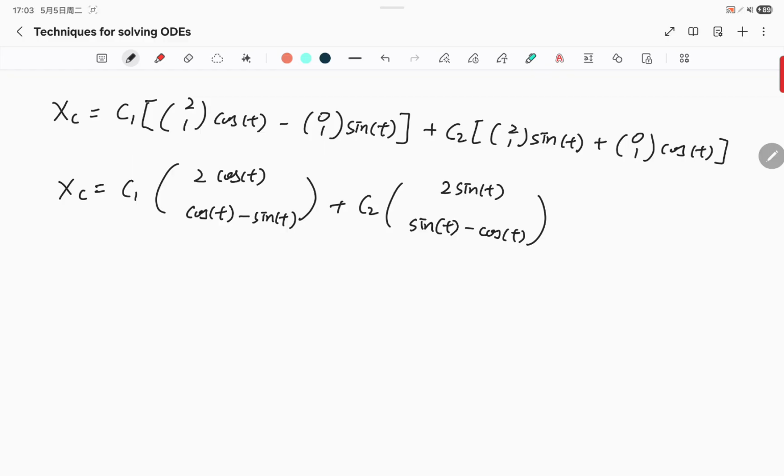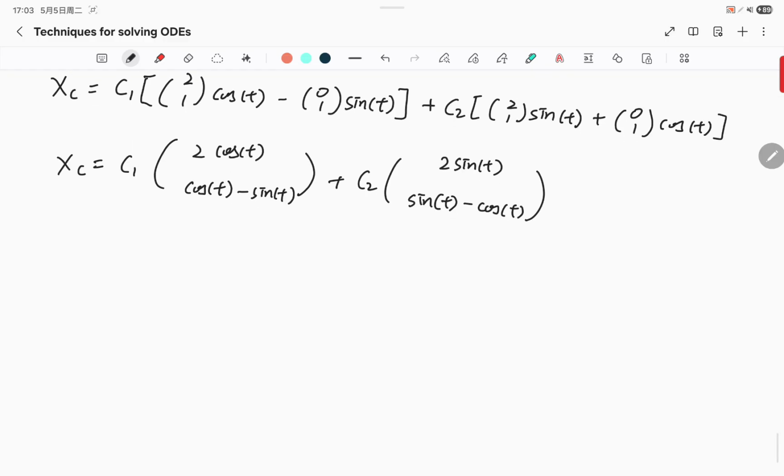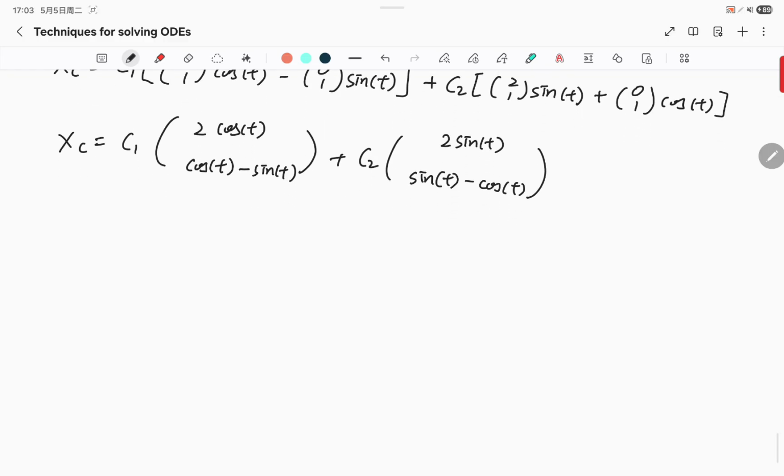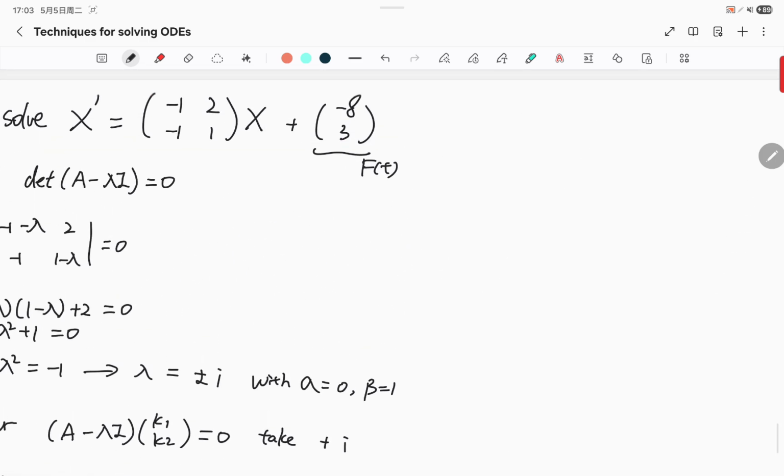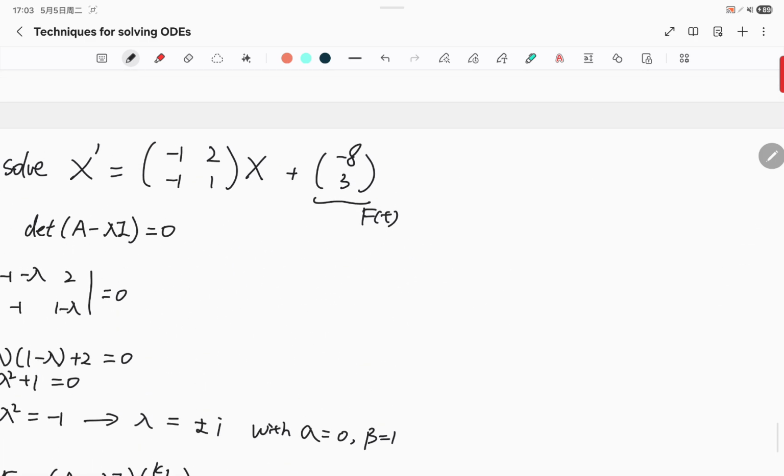Now our xc is done. What we're going to need to do is find xp, the particular solution. Like I said before, most likely we're going to use undetermined coefficients. So let's analyze the f of t here to make an educated guess.